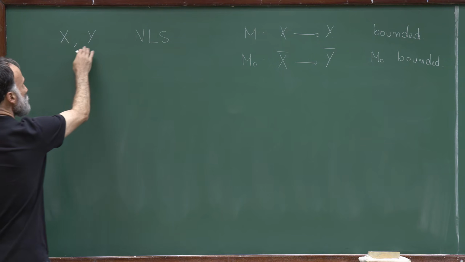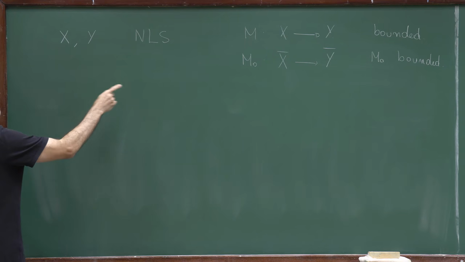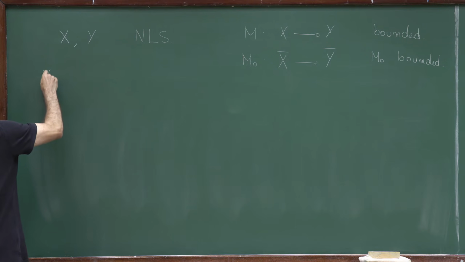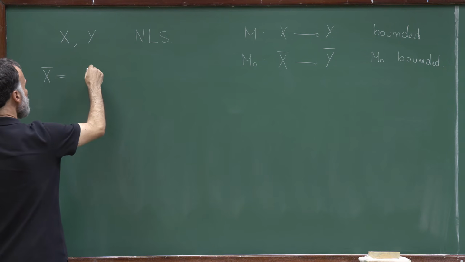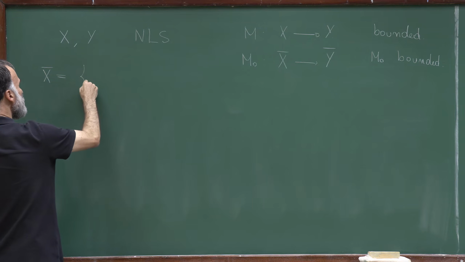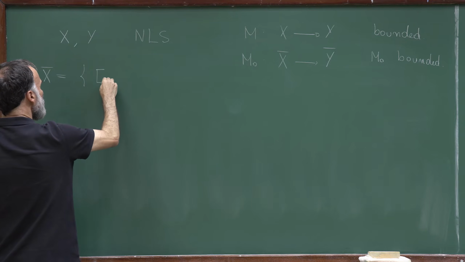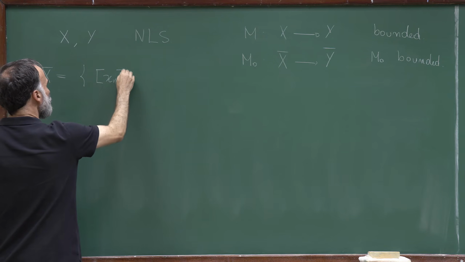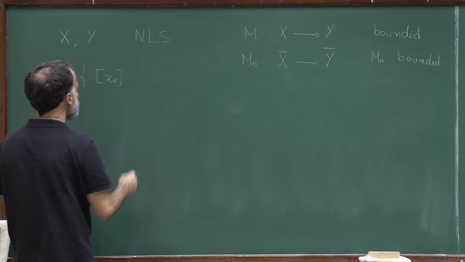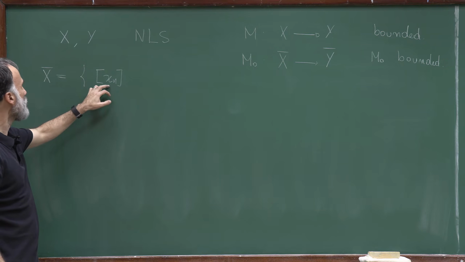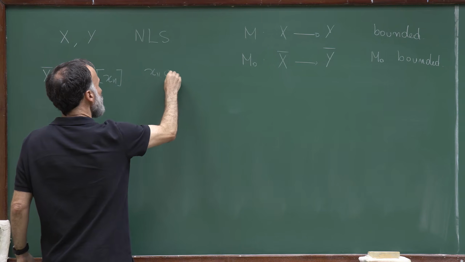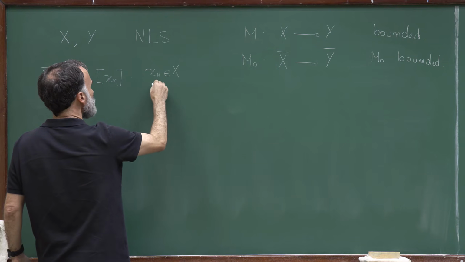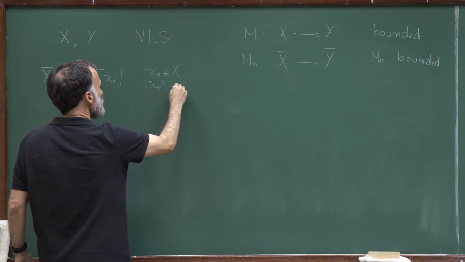So fix such space. Remember that X bar, which is the completion, it's formed by Cauchy sequences. So I will represent these Cauchy sequences by xn. So xn will be a sequence of elements xn in X, such that this sequence xn, it's Cauchy.